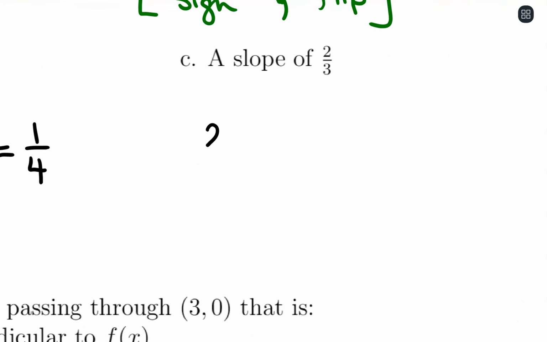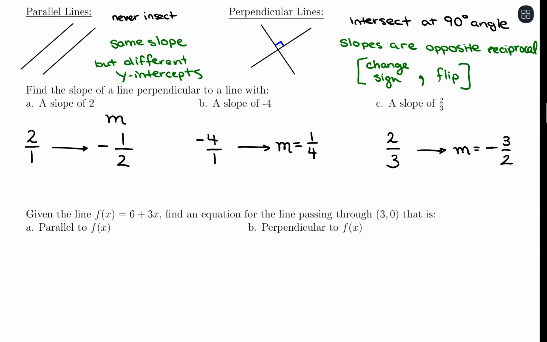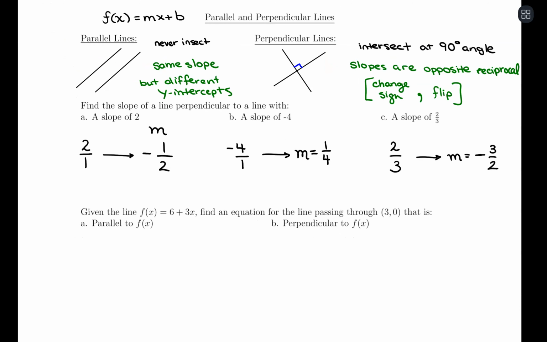And a slope of +2/3, taking the opposite reciprocal: because 2/3 is positive, we want a negative outcome, so -3/2. That's the idea of opposite reciprocal. Change the sign, flip the fraction.